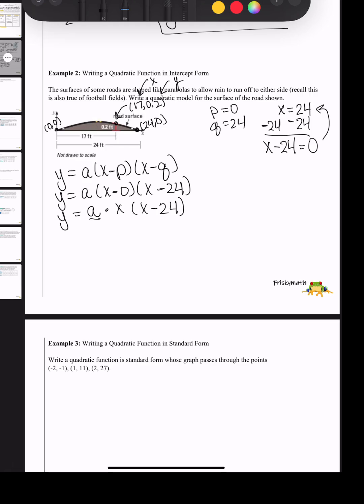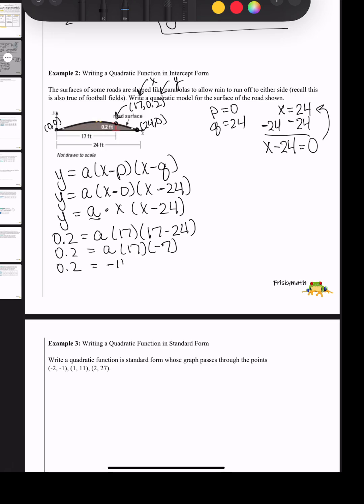So I'm going to plug in 0.2 for y. I don't know a. I do know that x is 17. I'll plug that in. Again, in this factor of x minus 24, I'll plug in 17. Now it's all about simplifying and solving for a. Now 17 times negative 7 is negative 119.